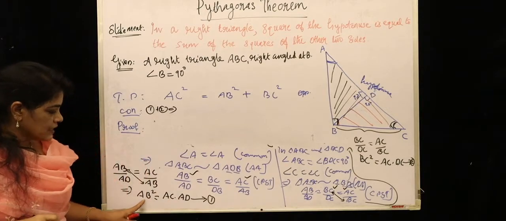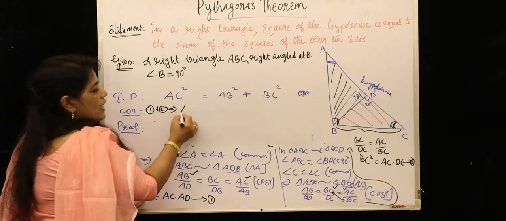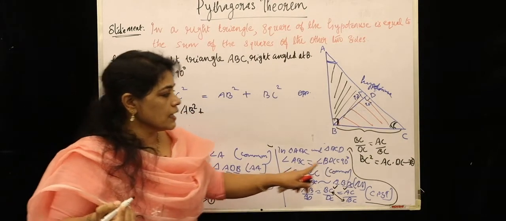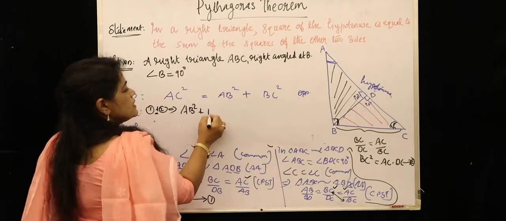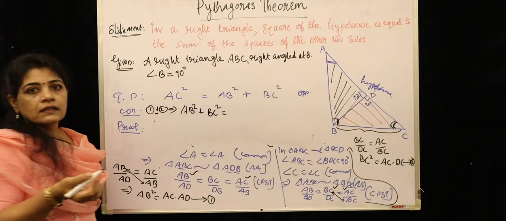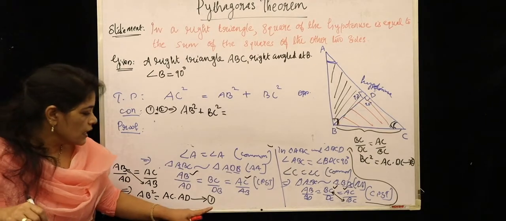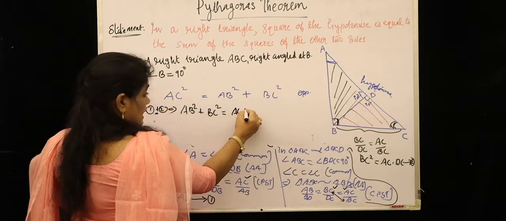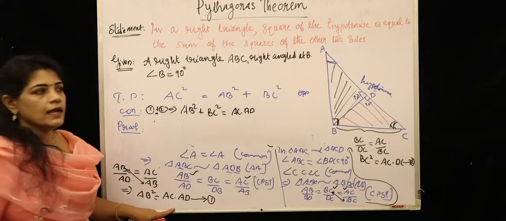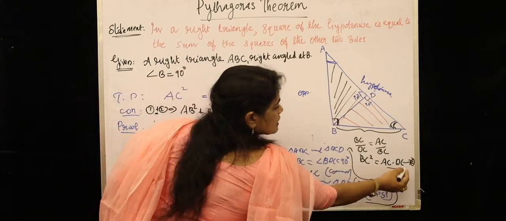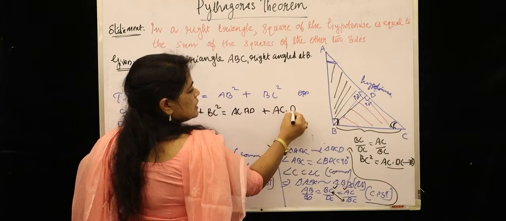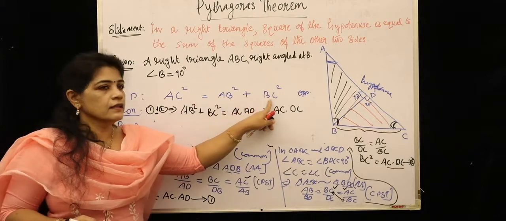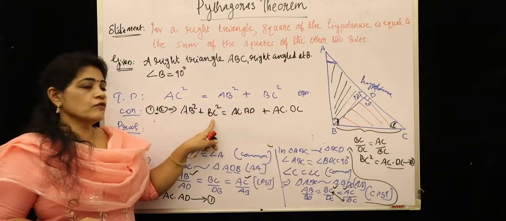In equation number 1, its LHS is AB square, so AB square we are adding, plus the LHS of the second equation, BC square, equal to, now we are adding the RHS of the first and second equations, that is AC into AD, plus the RHS of the second equation, AC into DC. I am not making any change in the LHS because we need this in terms of AB square plus BC square.